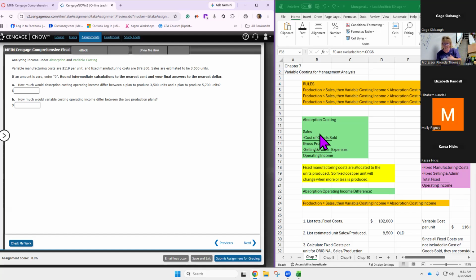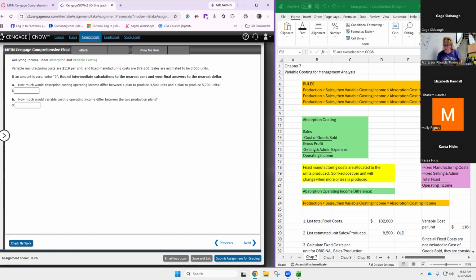Well, here's the thing. Absorption costing does not separate out variable and fixed. So you've got direct materials, direct labor, manufacturing overhead, and anything fixed that's at the plant or the factory is in cost of goods sold.